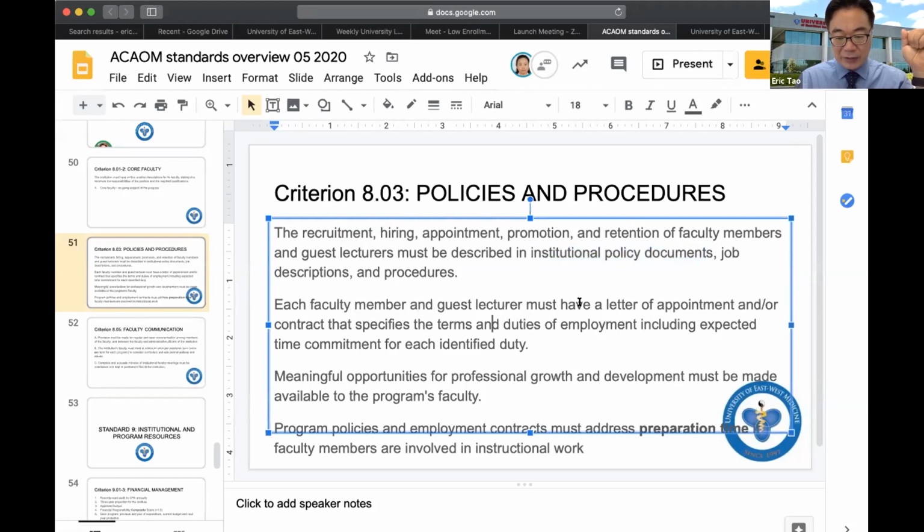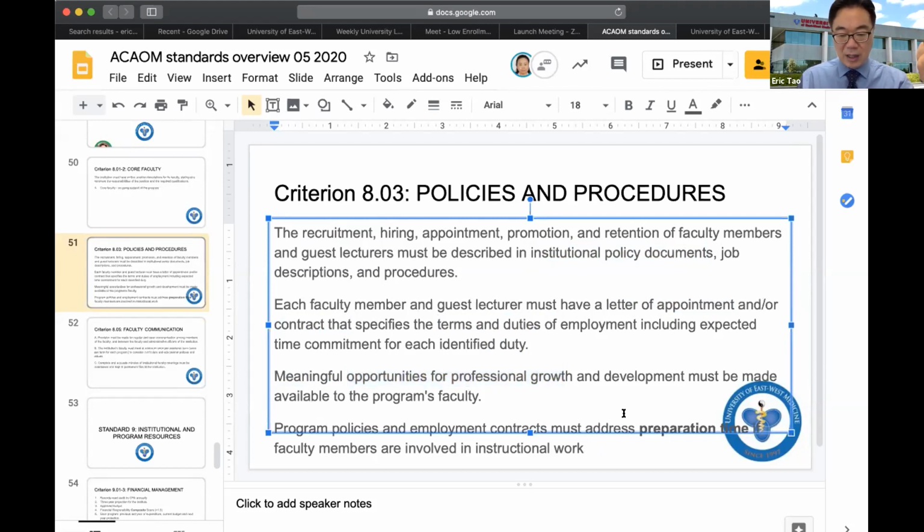And every faculty needs to have a letter of appointment or a contract to specify the term and duty. And we need to provide them opportunity for professional growth. That means we give them different rank, different class, and support them to do some study themselves.